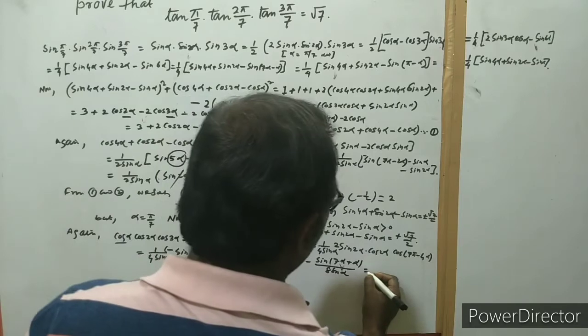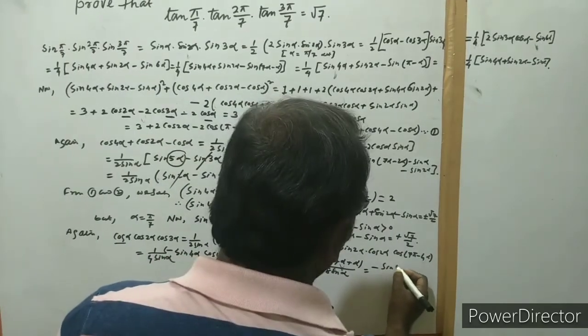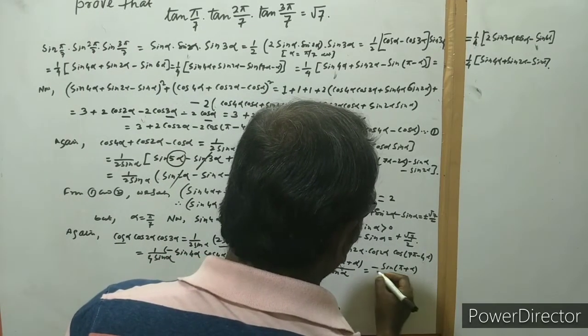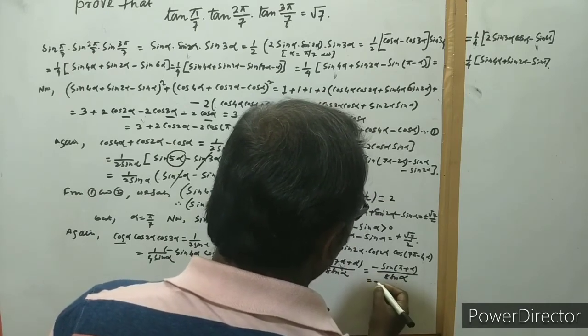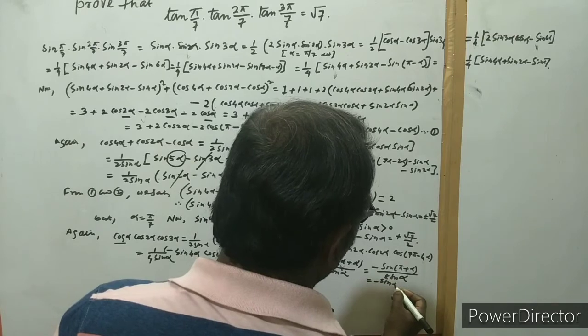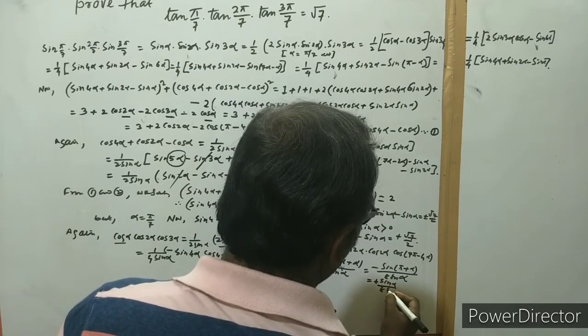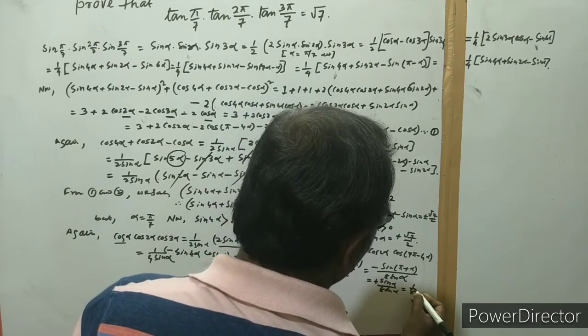Okay, so this is here minus sin pi plus alpha by 8 sin alpha, so that is equal to minus plus, this is 1 by 8.